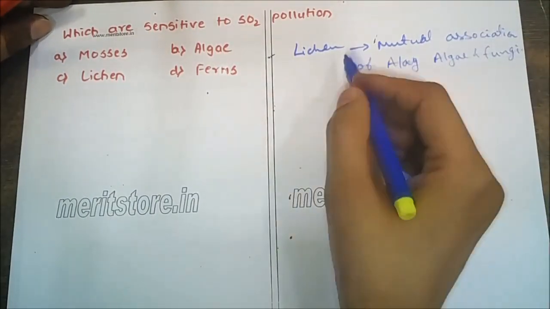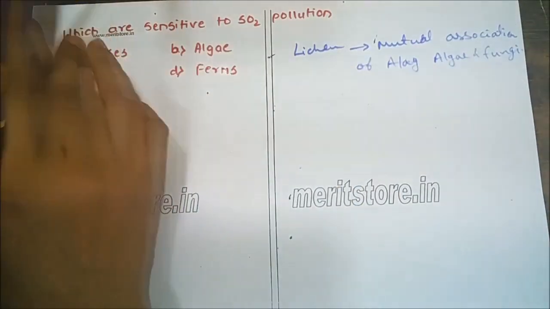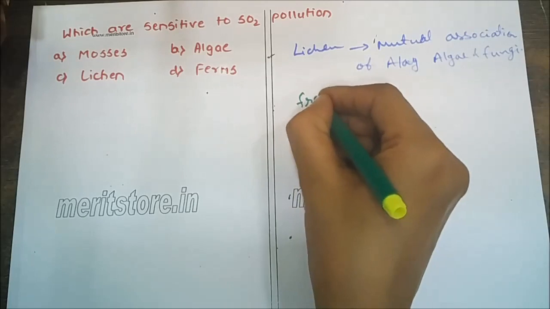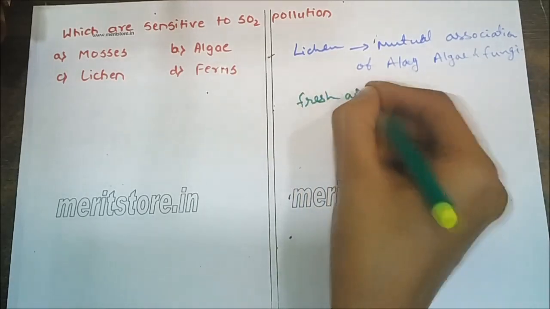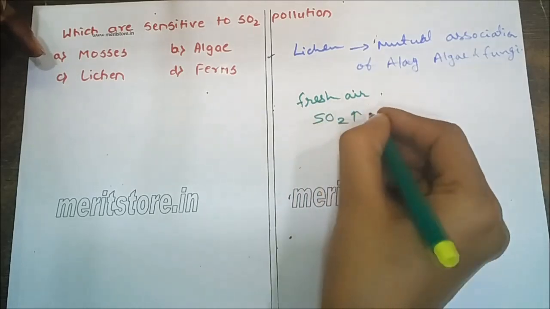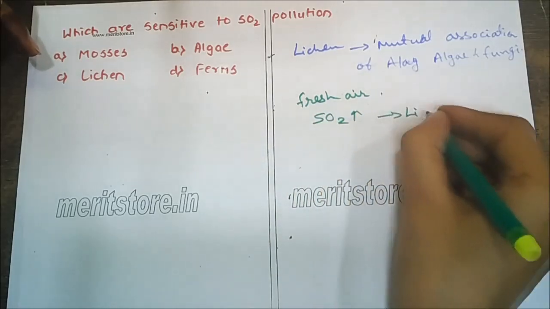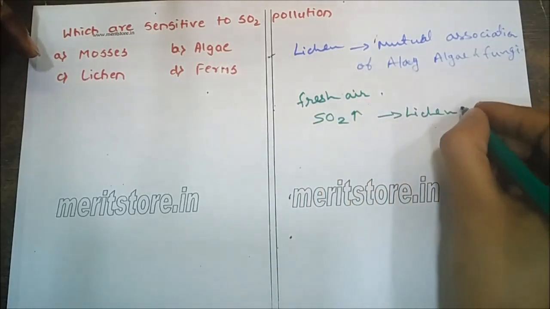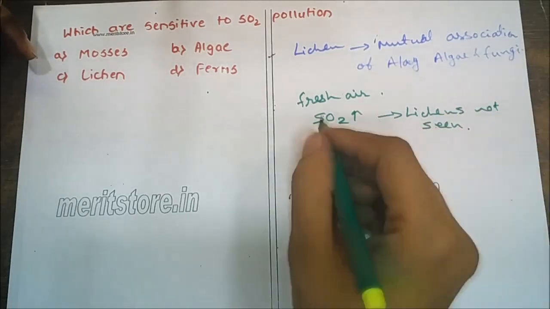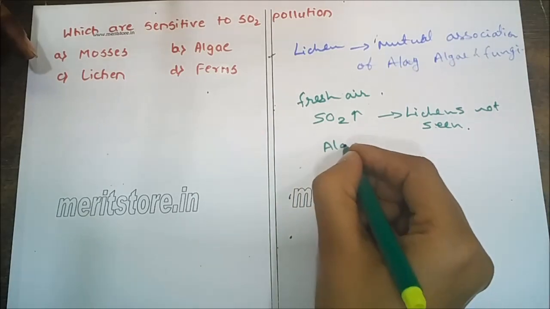So this mutual association lives only in fresh air. When the pollutants increase, like sulfur dioxide increases, the lichens are not seen. We can only see algae at that time.